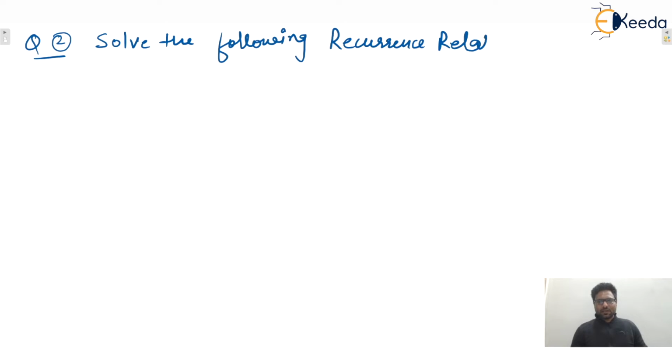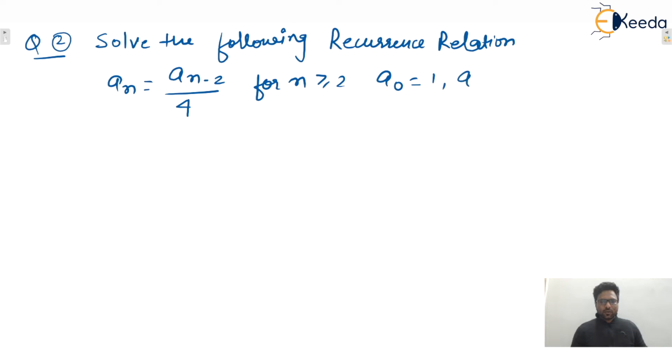Consider the following recurrence relation: a_n = a_{n-2}/4 for n ≥ 2, where a_0 = 1 and a_1 = 0. That is given.